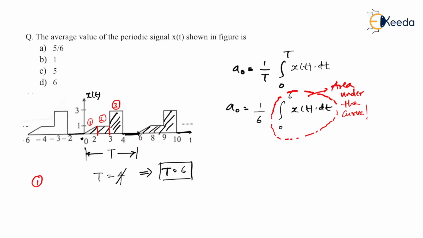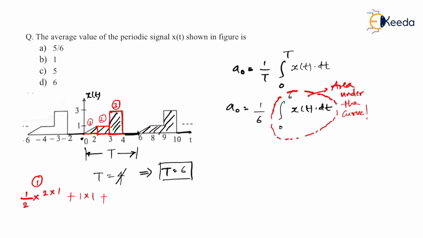So for the first, I can calculate the area as half into base into height. So what is the base over here? It is 2 and the height is 1. Then for the second rectangle, we calculate the area by length into breadth. So it is 1 into 1.